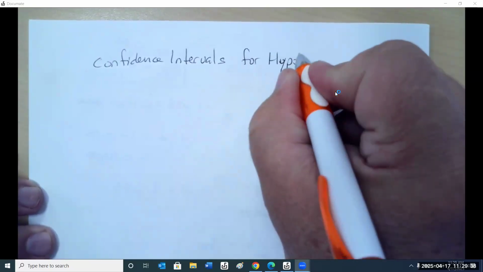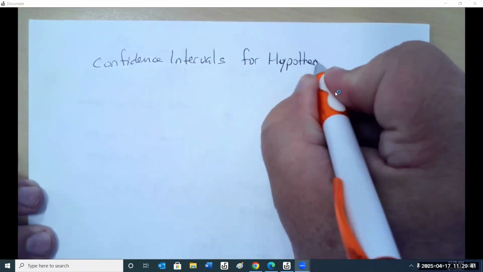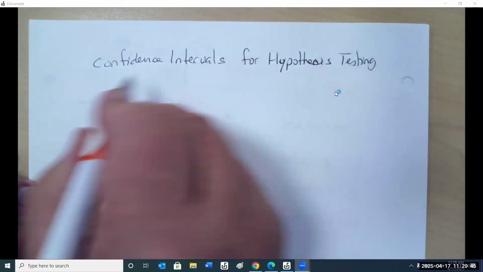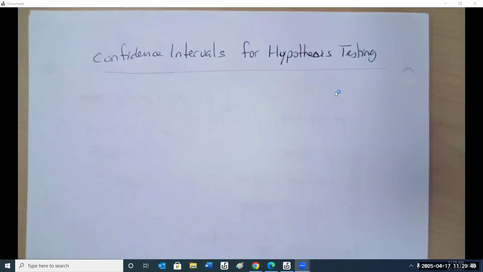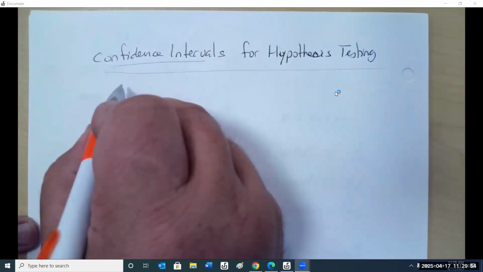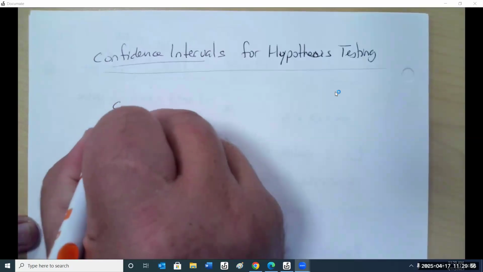So, confidence intervals for hypothesis testing. Again, what is a confidence interval?